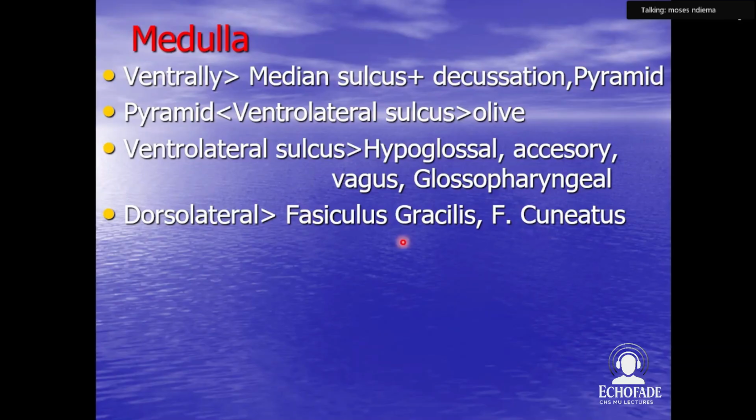But this terminates at the nucleus gracilis and the nucleus cuneatus. This is at the open part of the medulla oblongata, the part which is opening to the fourth ventricle. At that position, we have fasciculus gracilis and nucleus gracilis and also nucleus cuneatus.